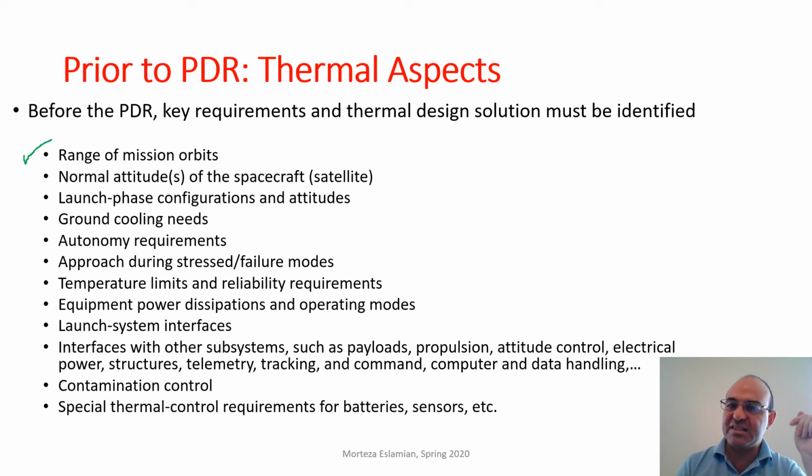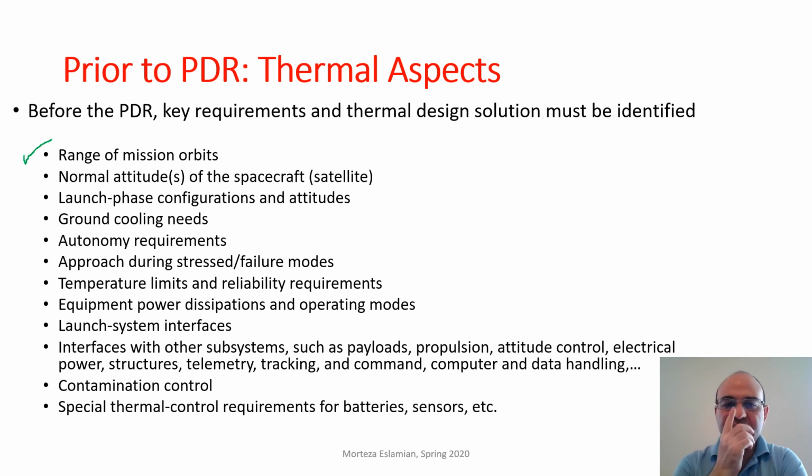So for instance, a satellite designed for geo orbits, geosynchronous orbits, cannot simply change the orbit to become a LEO or MEO orbit, because the thermal designs for these may be different.